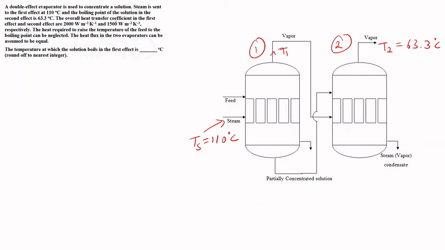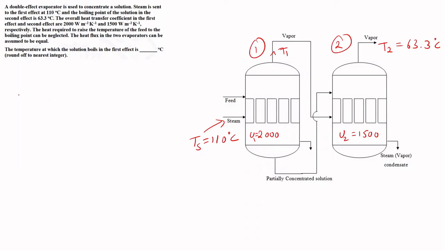We have been given the overall heat transfer coefficients in the first and second effect, so U1 is equal to 2000 and U2 is equal to 1500. The heat required to raise the temperature of feed to the boiling point can be neglected. The heat flux of the two evaporators is assumed to be equal.